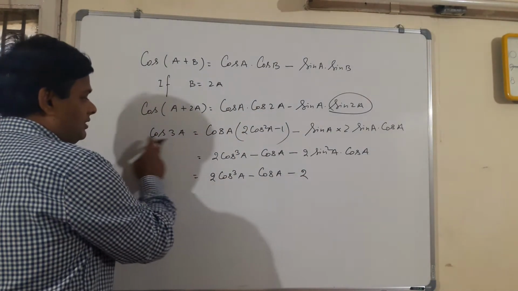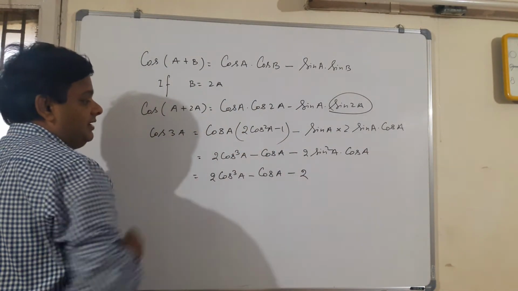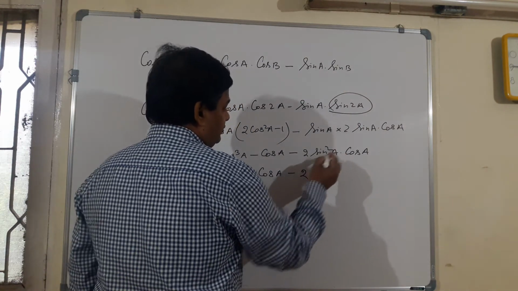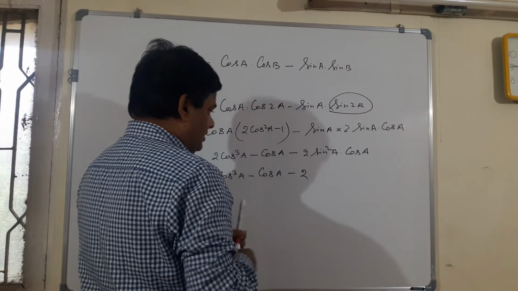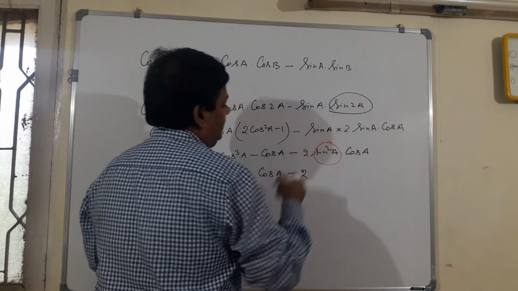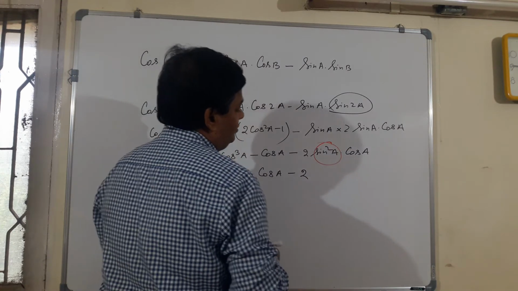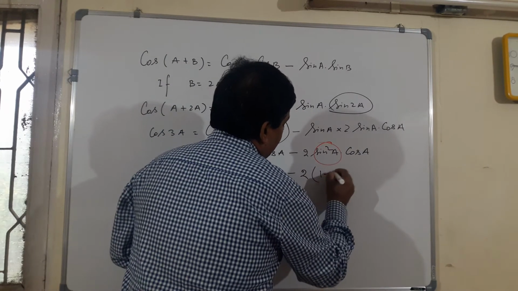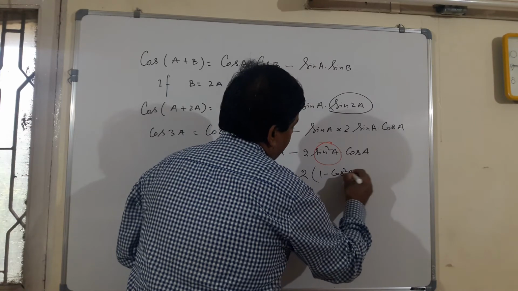Our purpose is to convert everything into cos form, so sin square a we can convert into 1 minus cos square a.